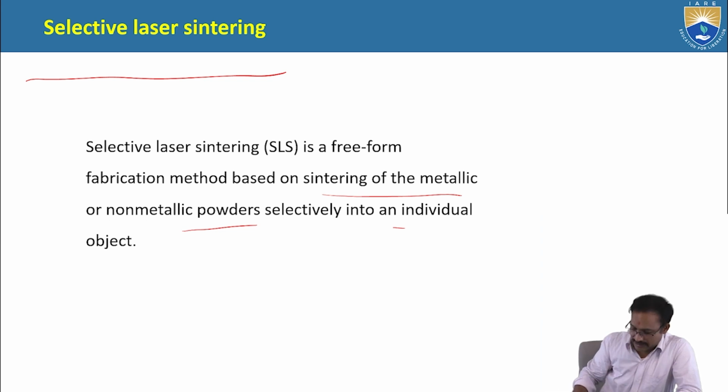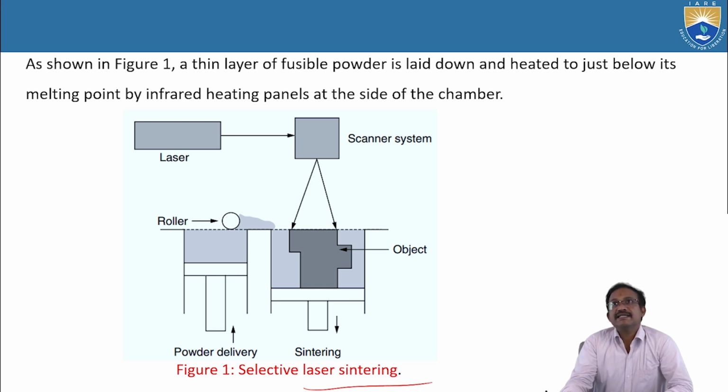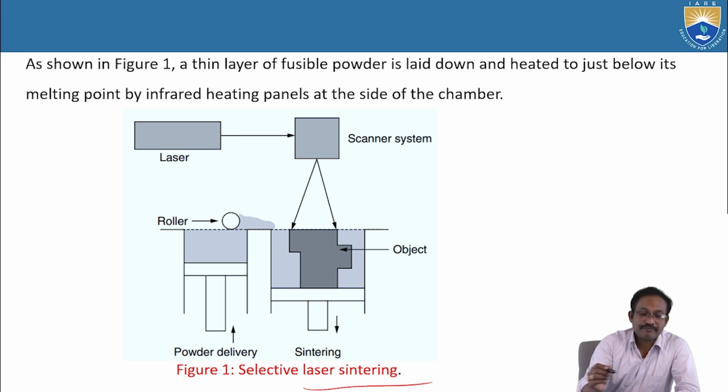Now as shown in figure 1, the selective laser sintering setup. A thin layer of fusible powder is laid down and heated to just below its melting point by infrared heating panels at the side of the chamber.